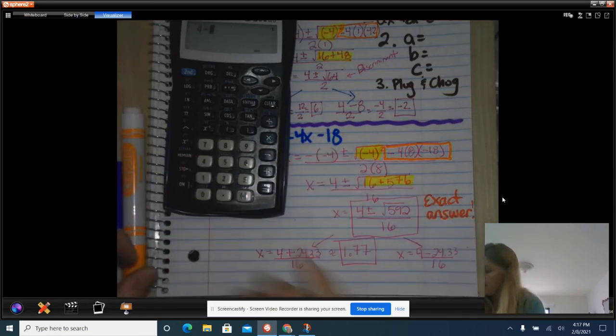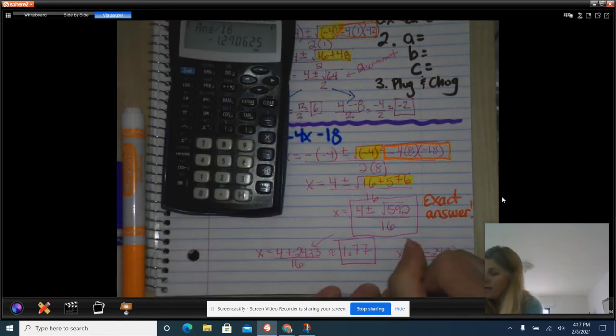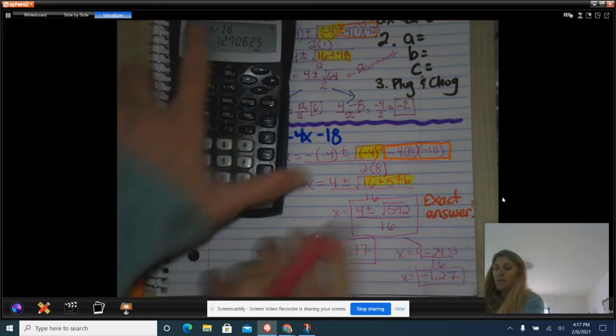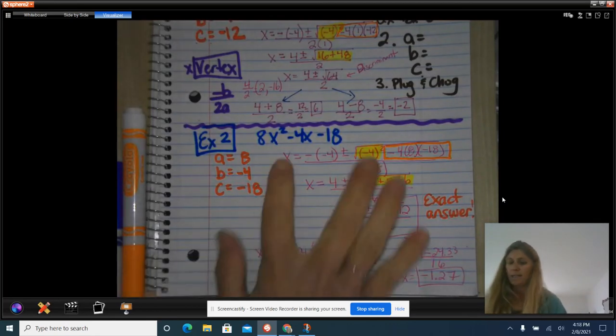The other one is 4 minus 24.33 equals, divided by 16. And our other root is approximately negative 1.27. Okay, so we're going to, as always, check our answer in Desmos.